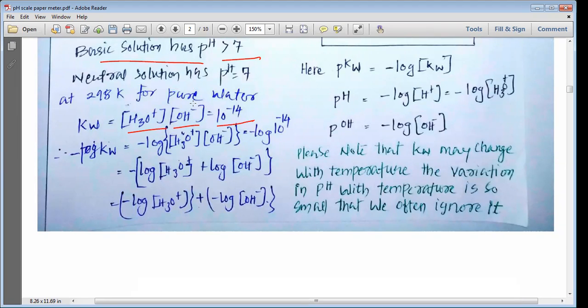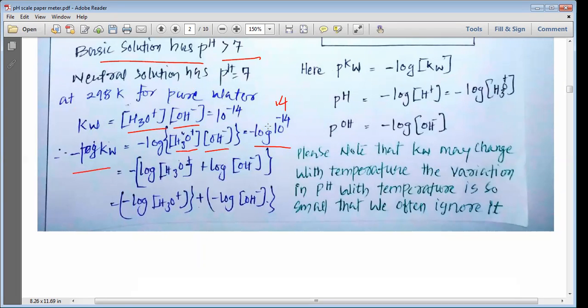Now if we take the logarithm on both sides, we can write minus log of Kw is equal to minus log of H3O plus multiplied by OH minus, which is minus log of 10 to the power minus 14. Minus log of 10 to the power minus 14 is nothing but 14, my dear students.